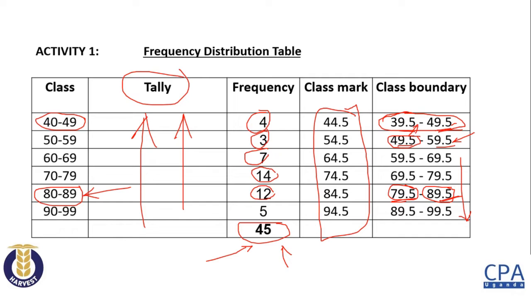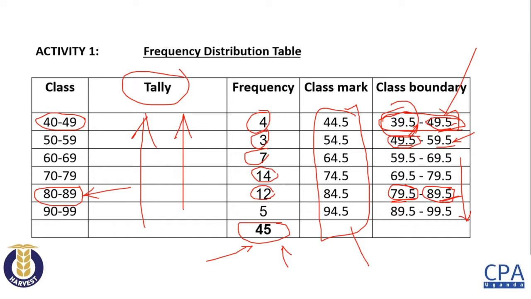The class mark is the midpoint of the class interval, obtained by getting the upper class limit plus the lower class limit divided by 2. Or you can get the class marks through the class boundaries, by adding the upper class boundary to the lower class boundary and dividing by 2.